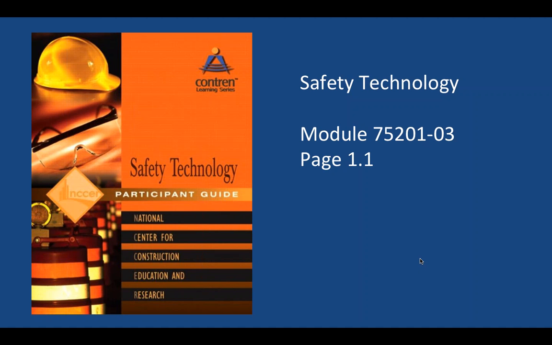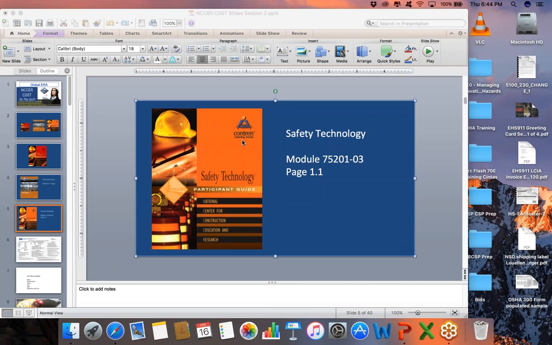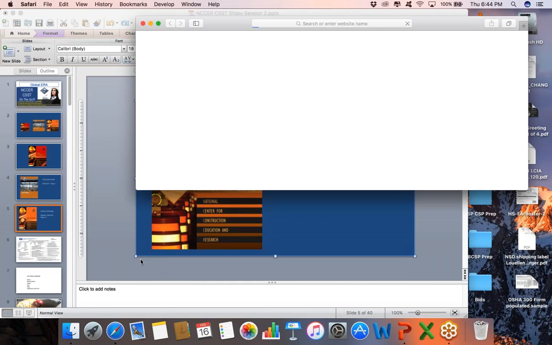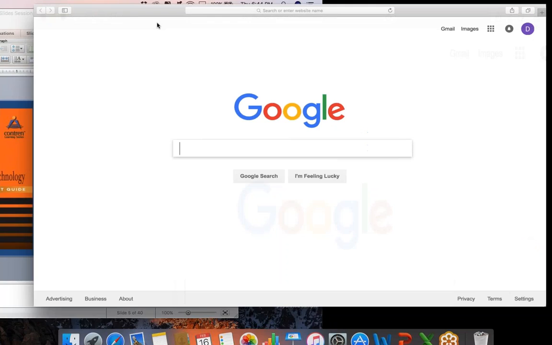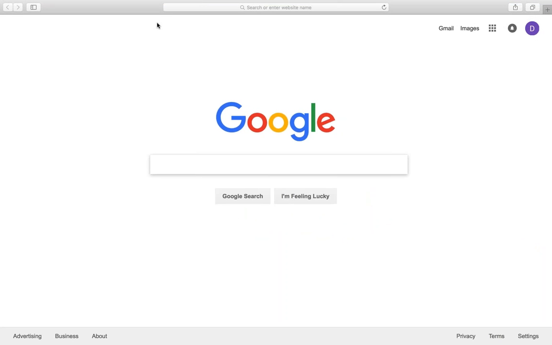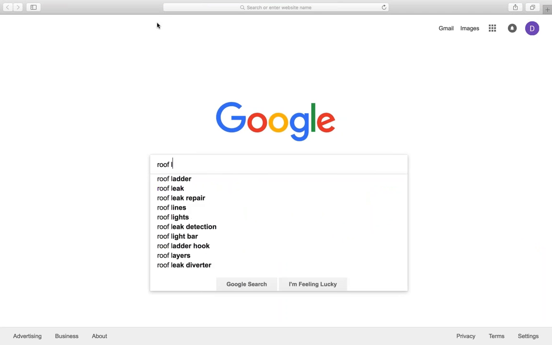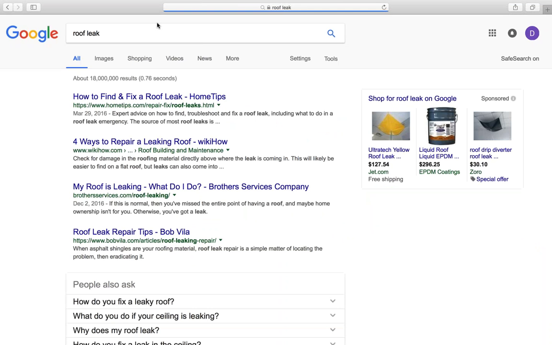But let me explain something here, folks. You often hear the term behavioral based safety, right? Let me use an example with us. Let's say we walk in and there's a roof leak.